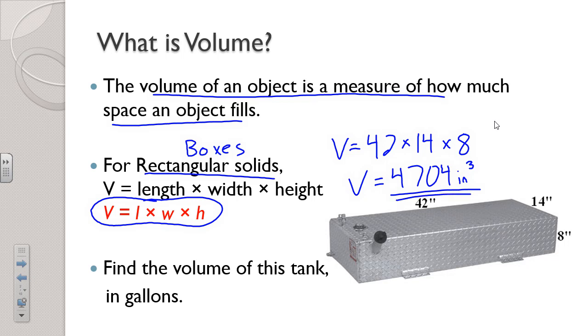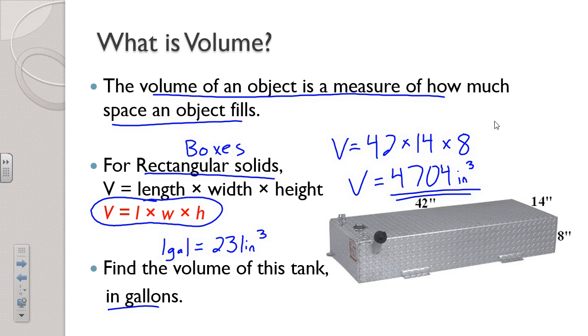Now, we want to find the volume of this tank in gallons. This would be on your gold conversion sheet. By the way, I posted the conversion sheet online so you can access it. You should have gotten a message about that. But from your gold conversion sheet, it's true that 1 gallon is equal to 231 cubic inches.